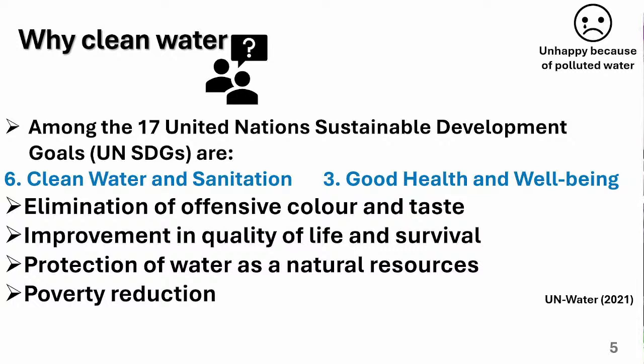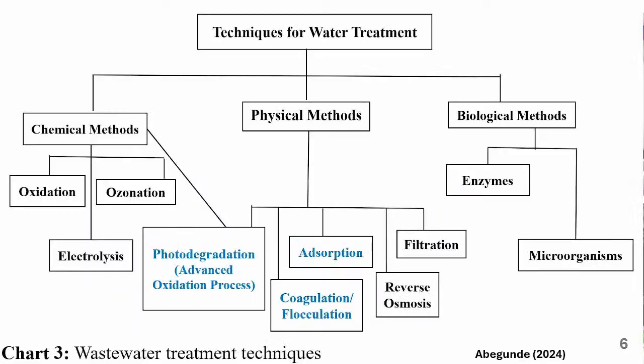There are a number of techniques that are available that can be used for treatment of polluted water. The methods could be chemical, physical, or biological. In my research group, I focus on three techniques that are put in color other than black.